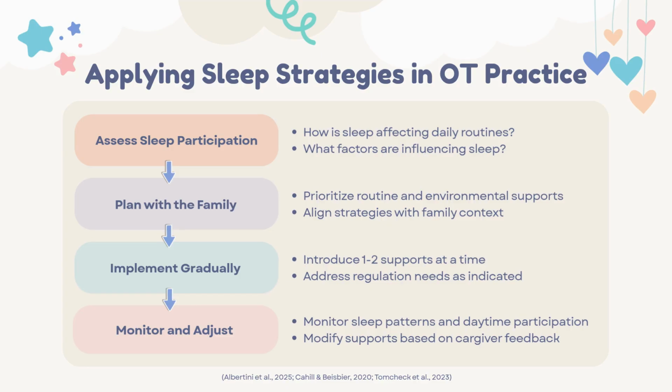Afterwards, implementation should be gradual. Introducing 1 or 2 supports at a time allows the family to adjust without becoming overwhelmed. And then we monitor and adjust. Tracking sleep patterns in daytime participation helps us determine what is working and where changes may be needed. Sleep intervention is not static. It evolves with the child and the family over time.